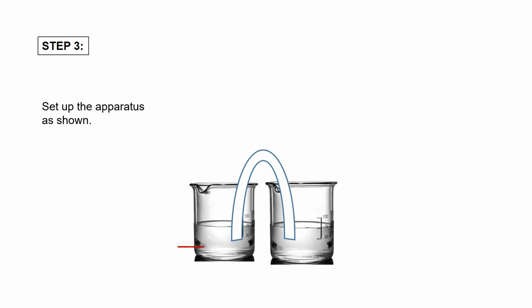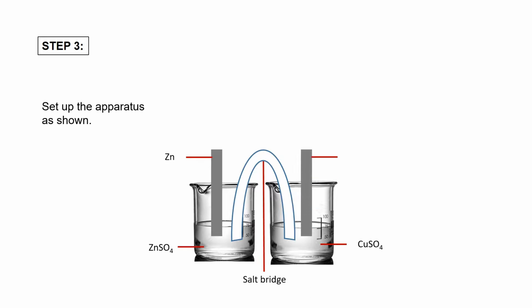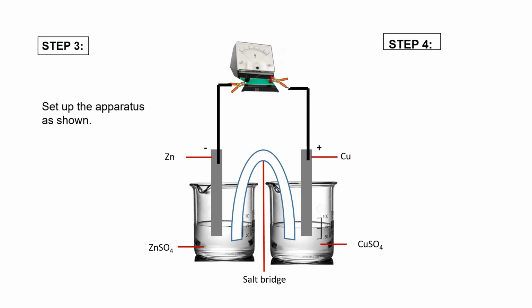Step 3. Set up the apparatus as shown. Step 4. Record the cell potential.